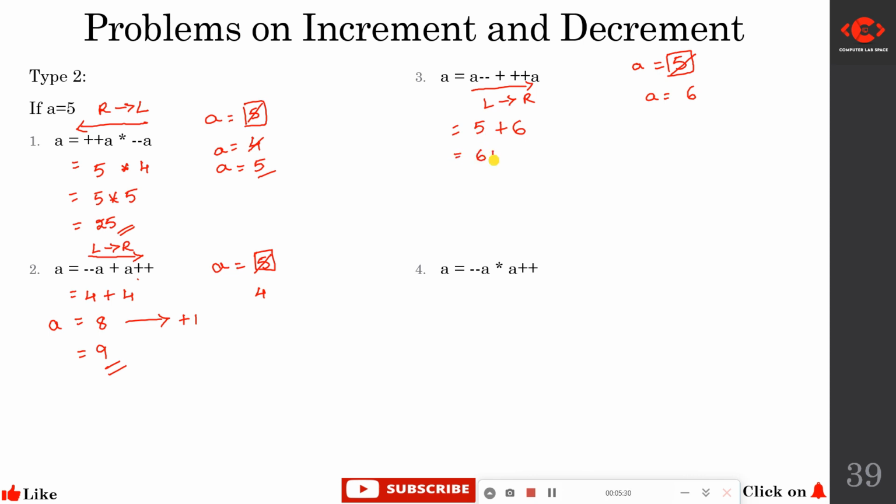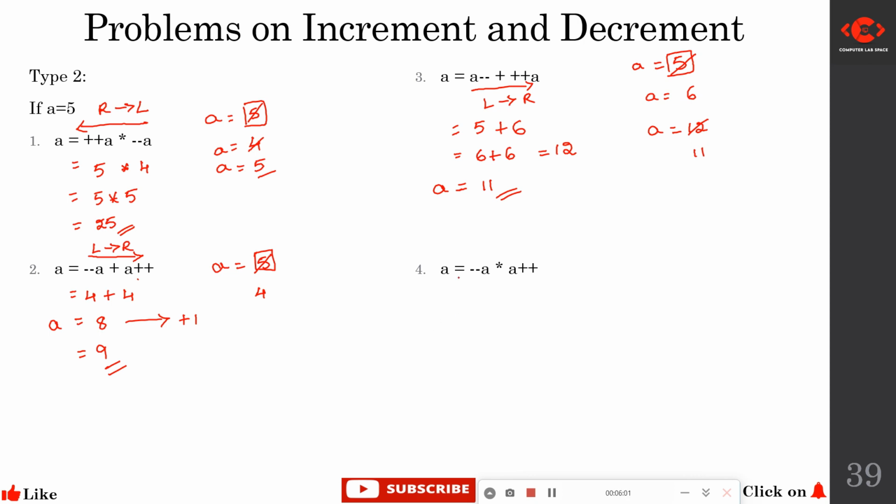So 6 plus 6, that is equal to 12. Since we have post decrement here, it is affecting the value. So post decrement means the value of a is 12, and since it is decreased by 1, the value of a becomes 11. So a value is 11 now. Is it clear?